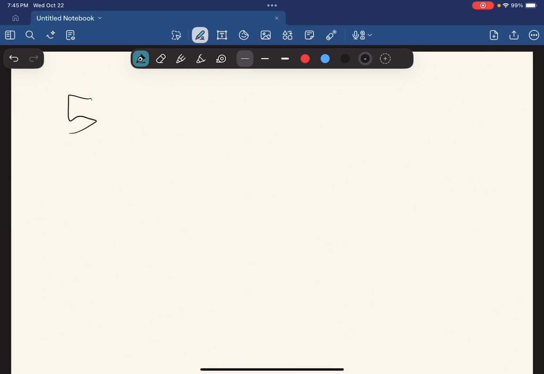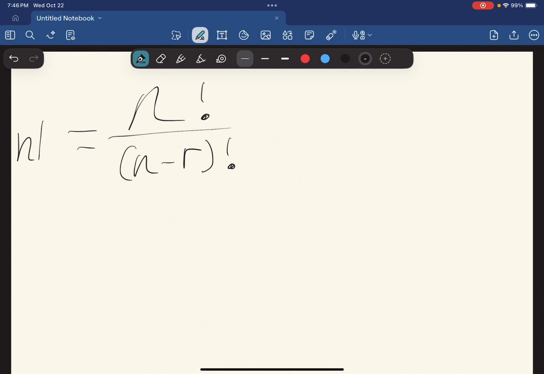So, in a nutshell, that's how you do permutations and combinations. Remember, the permutation formula is always n factorial over n minus r factorial, which equals nPr. That's what the function will look like in the calculator, where n is your total sample size and r is the rate.